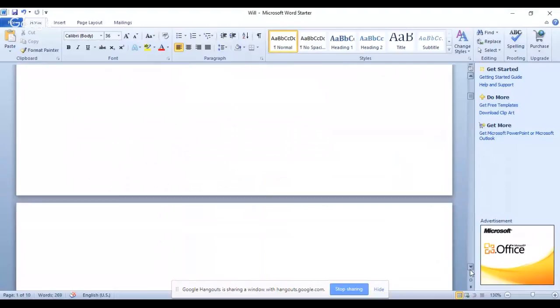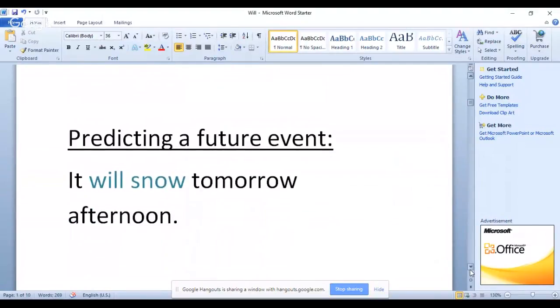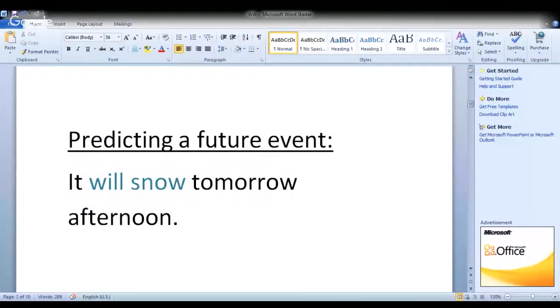Good. So we can use it in this kind of example. Ken, could you read what it is and the example, please? Predicting a future event. It will snow tomorrow afternoon. Okay, good. So this is pretty normal and it's used for predicting.